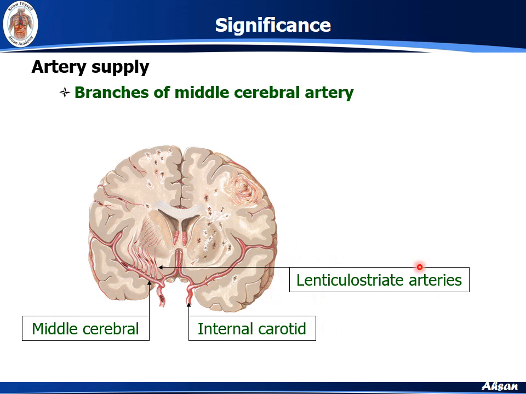They are functionally end arteries, and these arteries are known as lenticulostriate arteries. So a number of lenticulostriate arteries enter into the brain substance and supply this basal ganglion. Though these are functional end arteries, they are many in number. So if one artery is affected, then the effect is to a limited extent. A limited area is affected.